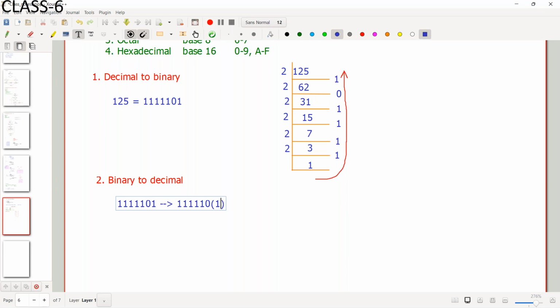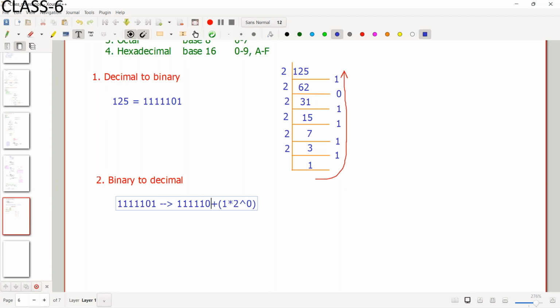You have to multiply each bit with 2 power its bit position. So that bit into 2 power 0 is added with the next one.